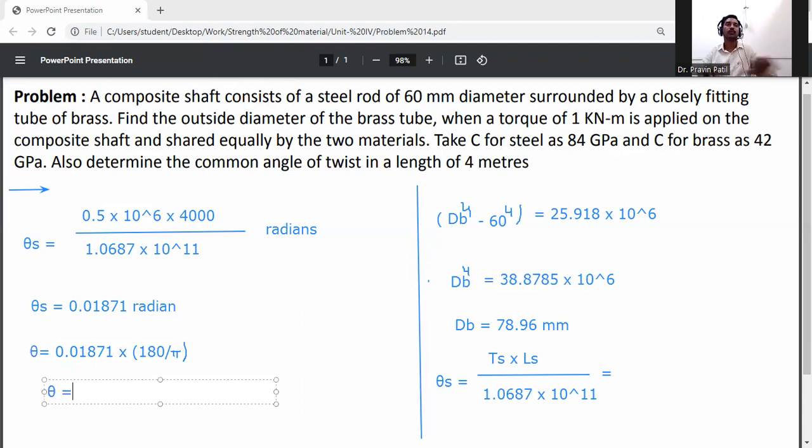Theta is equal to 1.072 degrees. So this is the angle of twist, and the external diameter of brass is 78.96 mm and the angle of twist is 1.072 degrees. It will be the same for both brass as well as for steel.